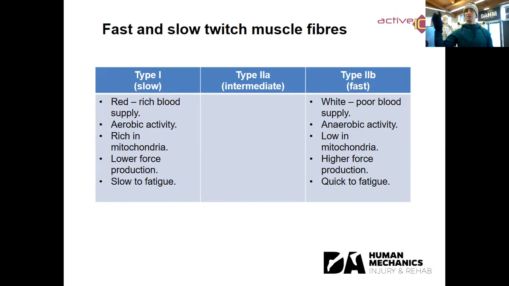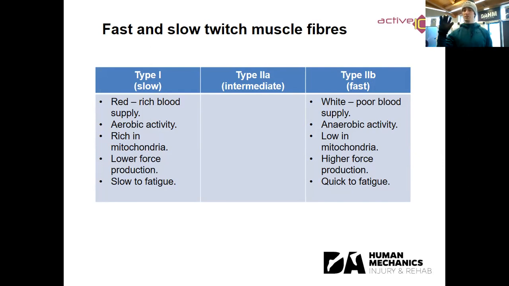However, when we look at type 2 fibers, our fast twitch fibers, whether that be type A or type B, but if we go to more extremes of type B, they have less blood supply, which means less need for oxygen, which makes it an anaerobic activity. Anaerobic meaning no need for oxygen, or oxygen doesn't play a big part in energy production.